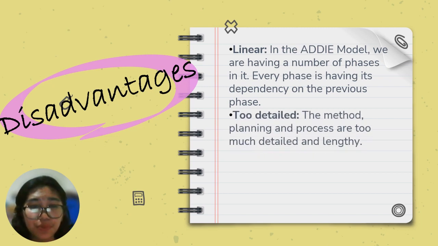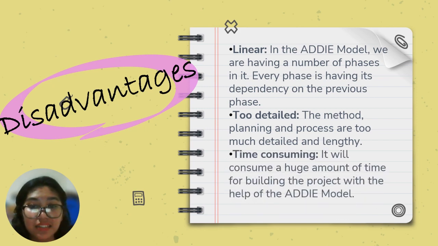Second, it is too detailed. The method, the planning, and the process are too detailed and lengthy. The last, it is time-consuming. It will consume a huge amount of time for building the project with the help of the ADDIE model.